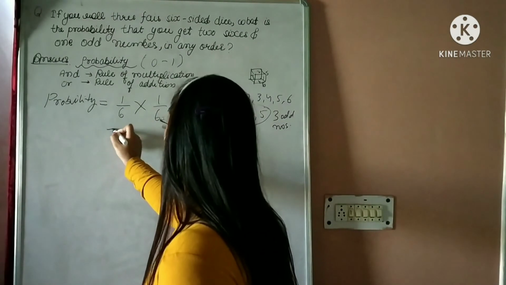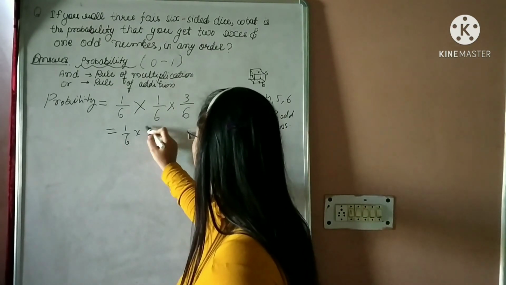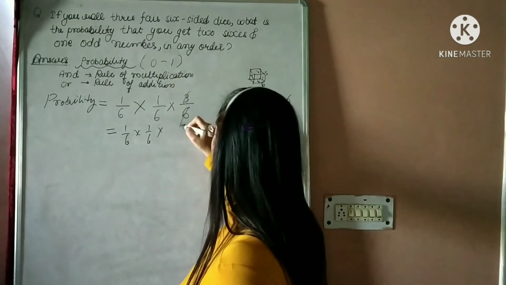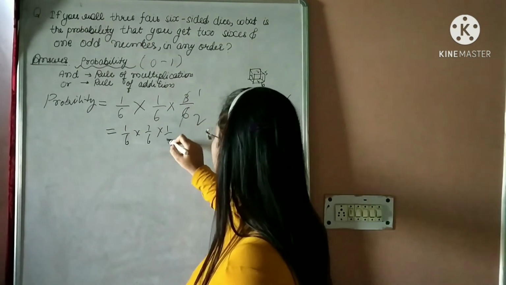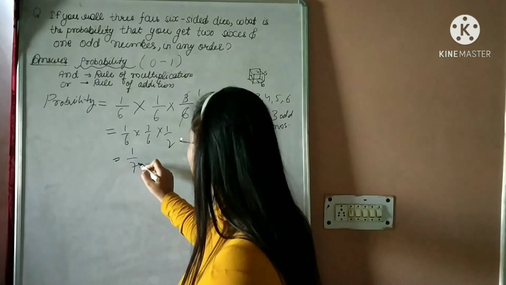Now we will simply solve it. 1 by 6 into 1 by 6 into 1 by 2. So the answer is 1 by 72.